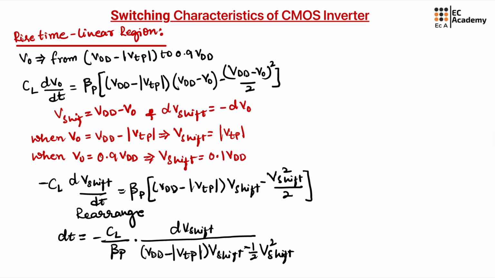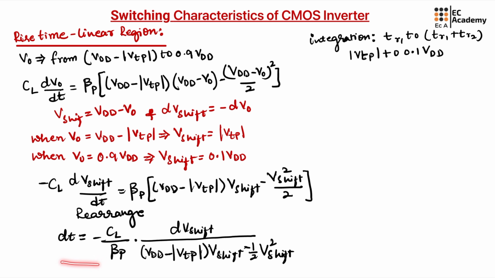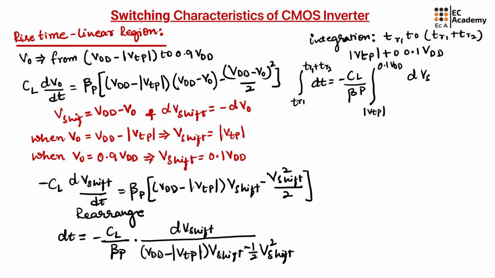Now, if we apply integration for time from TR1 to TR1 plus TR2 and for voltage from absolute value of VTP to 0.1 VDD, therefore, we can write this equation as integration of TR1 to TR1 plus TR2 dt will be equal to minus CL divided by beta P integration from absolute value of VTP to 0.1 VDD dV shift divided by (VDD minus absolute value of VTP into V shift minus 1 by 2 V shift square).